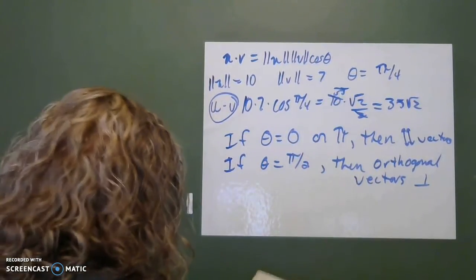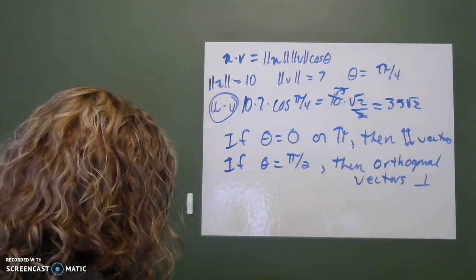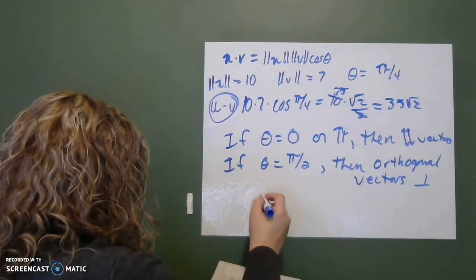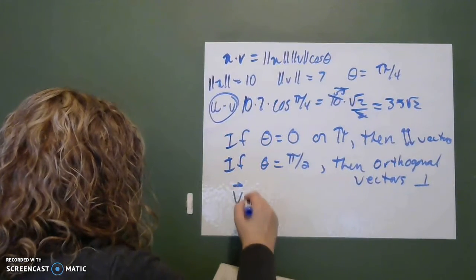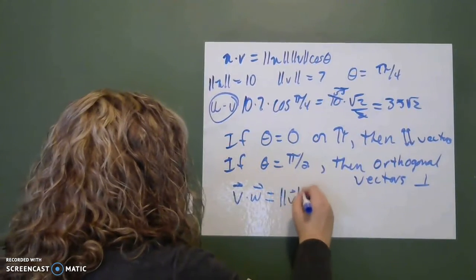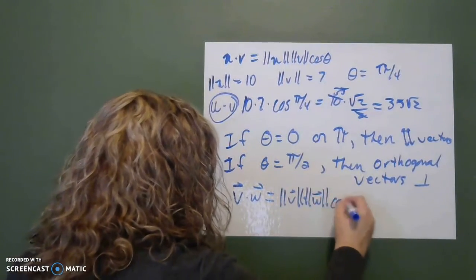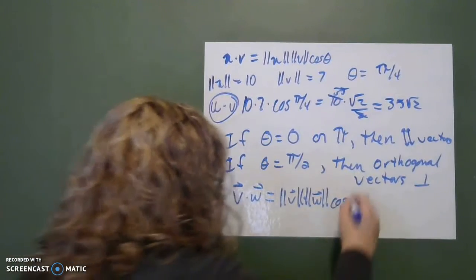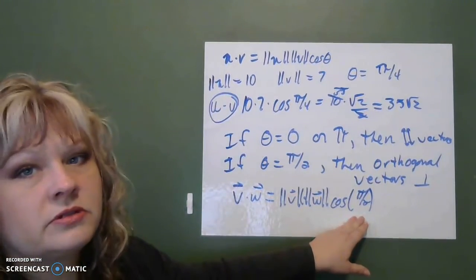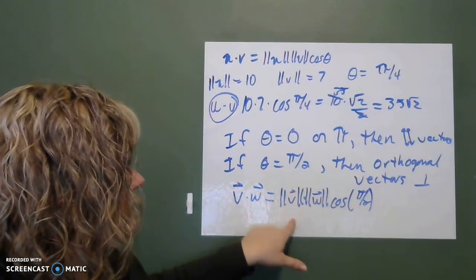So in continuing that thought, let's just illustrate this. Let's say that we've got two vectors, w and v. Well, if I take the magnitude of v times the magnitude of w times the cosine of pi over 2, well, cosine of pi over 2 is 0. 0 times anything is 0. v times w is 0.